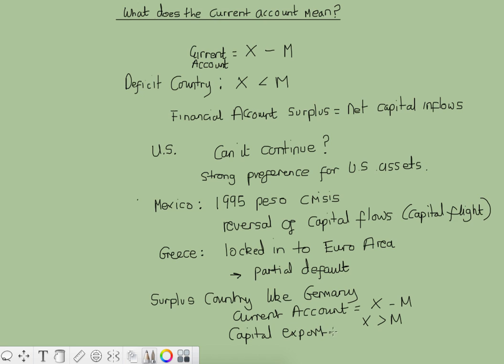They have a deficit on the capital account that offsets the surplus on the current account. So they have a surplus on the current account, and as capital exporters, they have a financial account deficit, meaning that they have capital outflows.